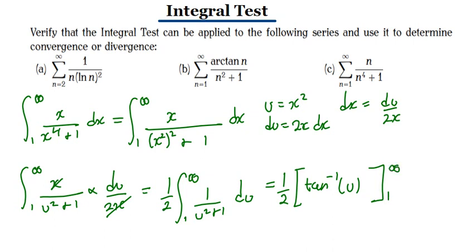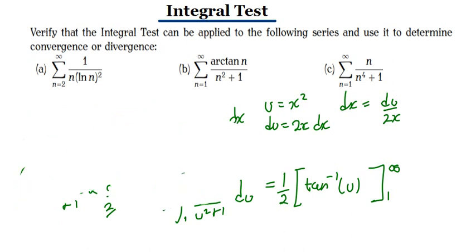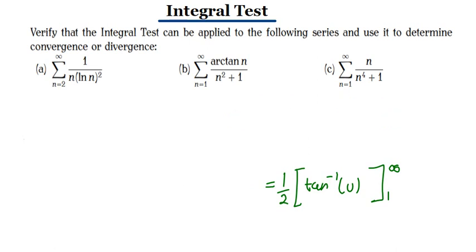Okay, so once again here I have a choice to make. I can evaluate it in terms of u or in terms of x. It's up to me. I'm not restricted. So for simplicity purposes, let me just evaluate it in terms of u. Remember we let our u be equals to x squared.